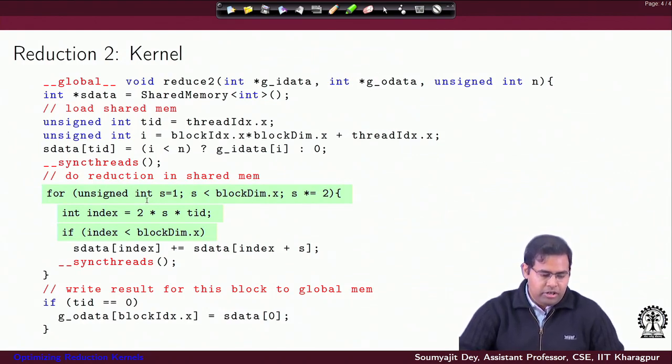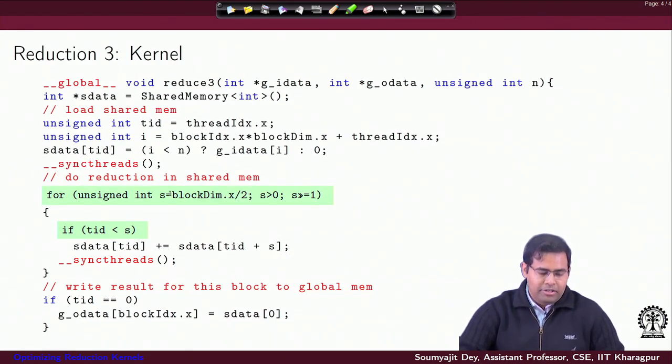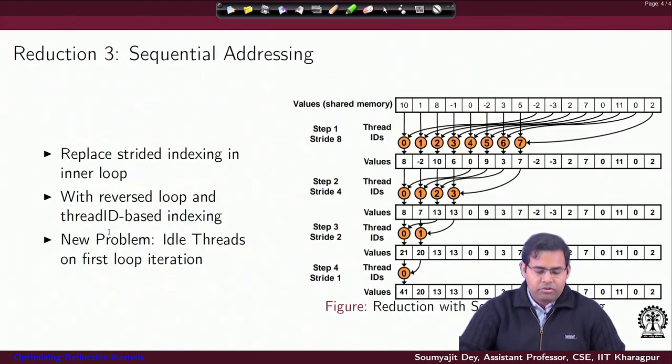This was the original reduction code. Now, I start with the highest stride, which is half of the block dimension, and in each iteration I reduce it by 2. Inside, all we are doing is checking whether the TID is less than the stride, because of course I have started with the highest stride value.